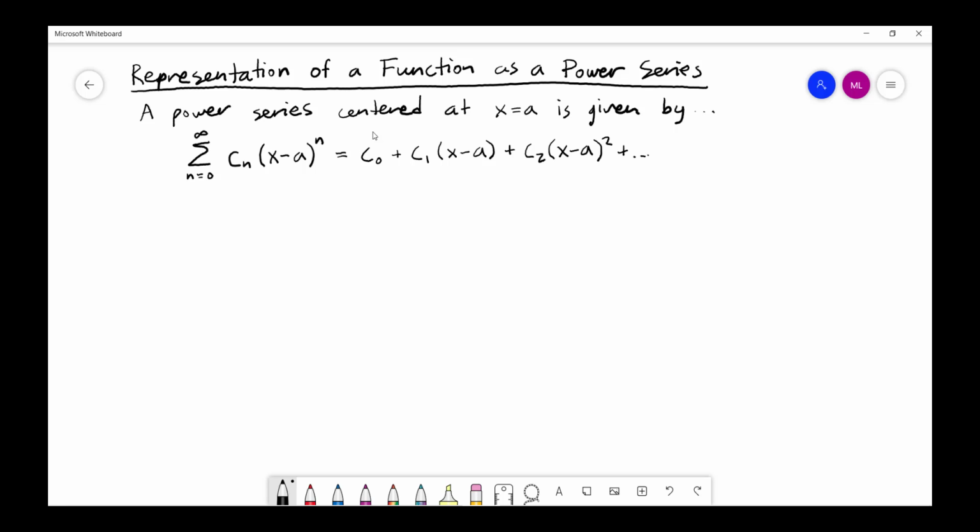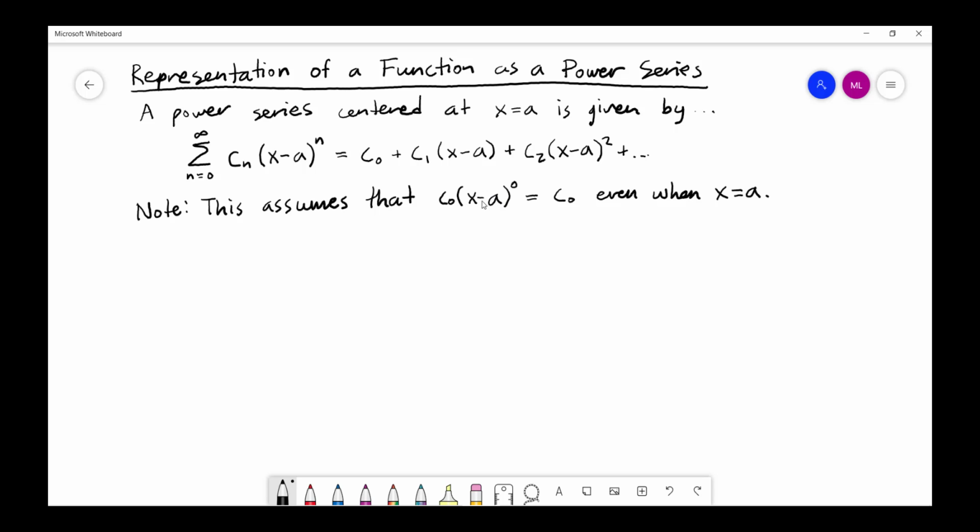So again, this assumes that the first term, c0 times x minus a to the 0, is equal to simply c0 even when x is equal to a, which would normally make the number inside the parentheses here a 0.